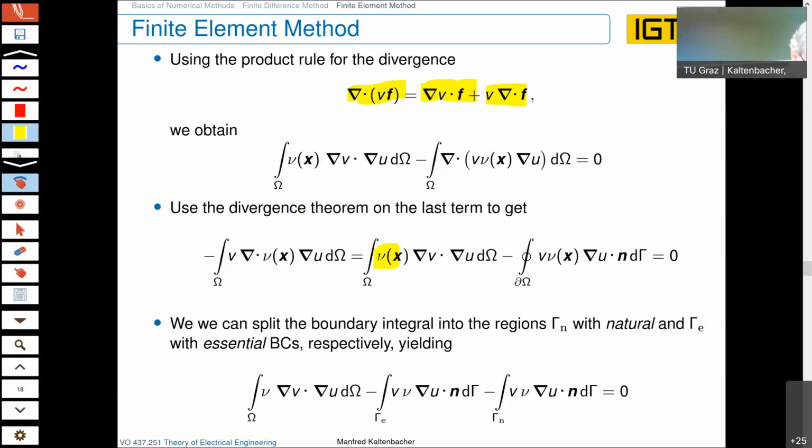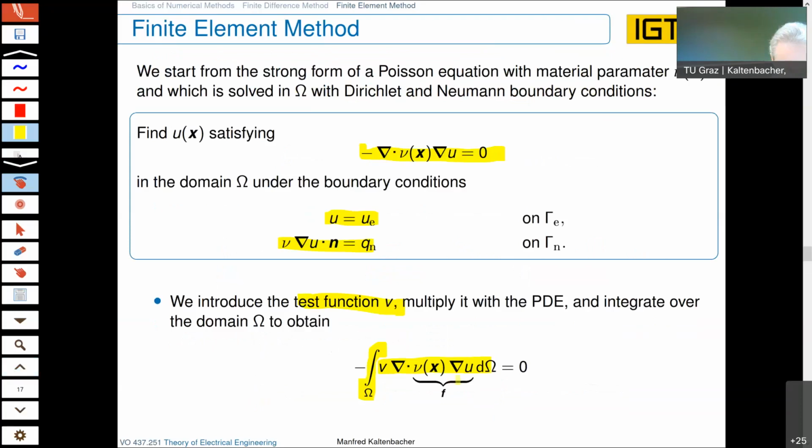And when you look carefully, we have the gradient of u, we have the gradient of u. So we just have a first order spatial derivative. This is the important part, and not a second order derivative, which we had here.